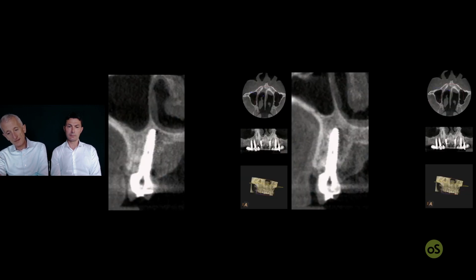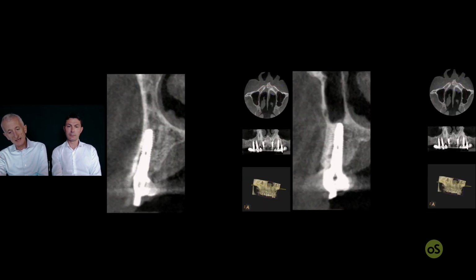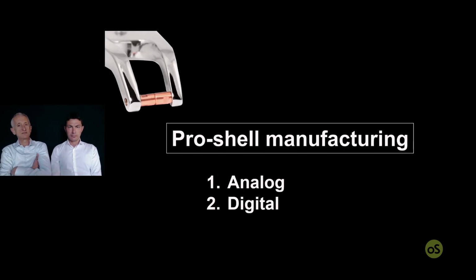So, some convenient slides, and this is everything for this lesson today on the analog approach to the manufacturing for the immediate full-arch prosthesis with the intraoral welding and the biometric concept.